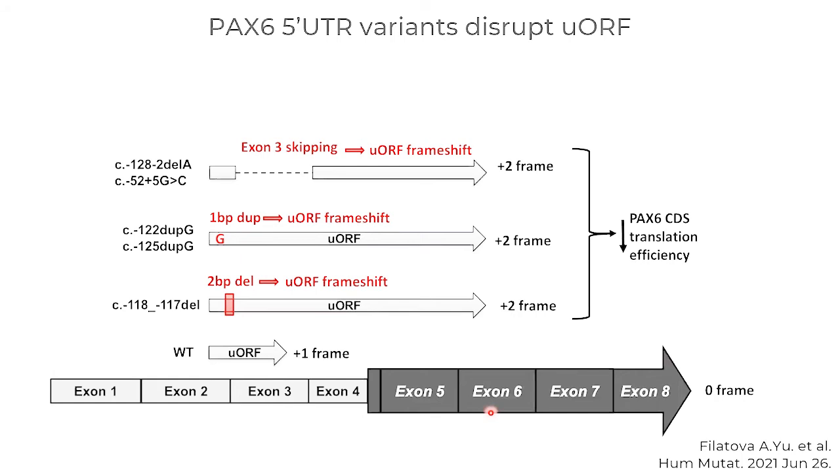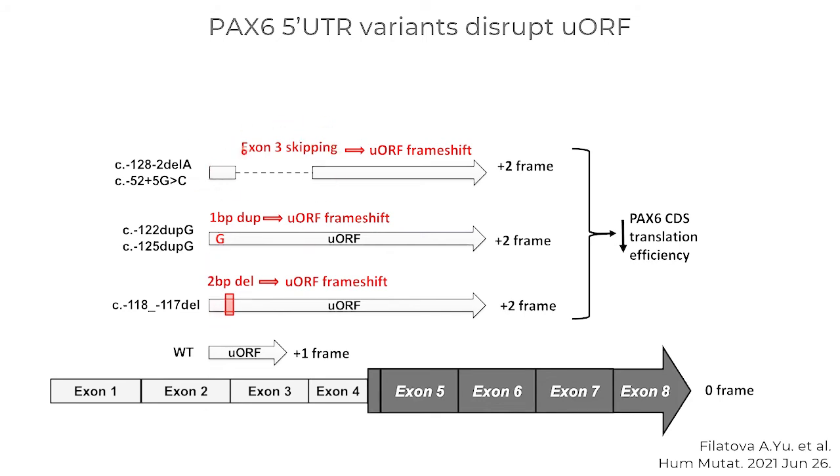To understand the underlying mechanism of how variants influence translation efficiency, we performed a bioinformatic analysis as well as experimental validation, and we showed that there is a small upstream open reading frame in the PAX6 5' UTR. Moreover, we revealed that all studied variants disrupt this upstream ORF in the same manner.